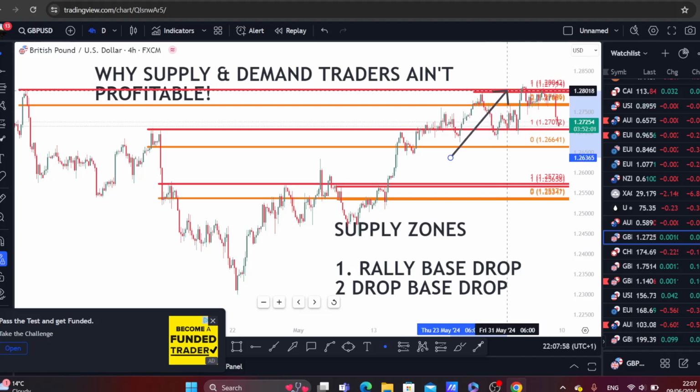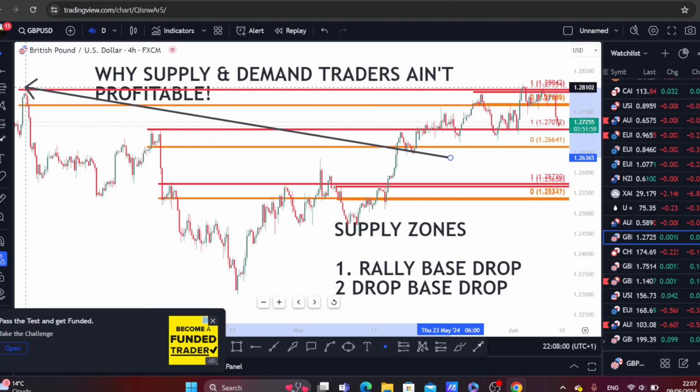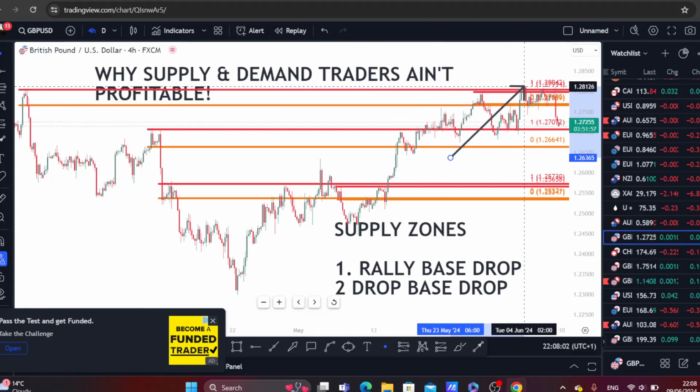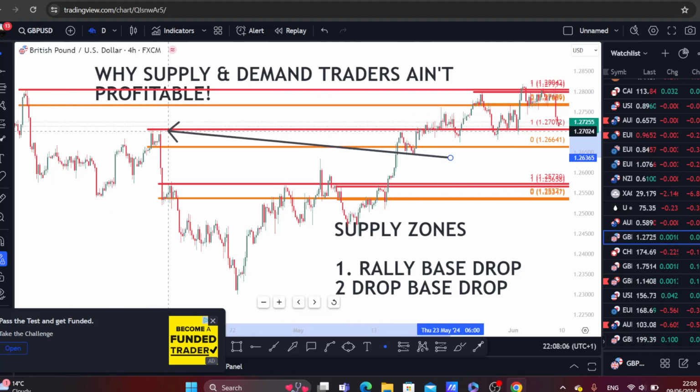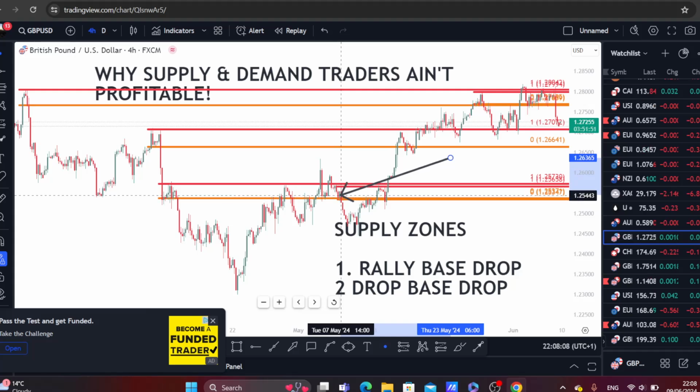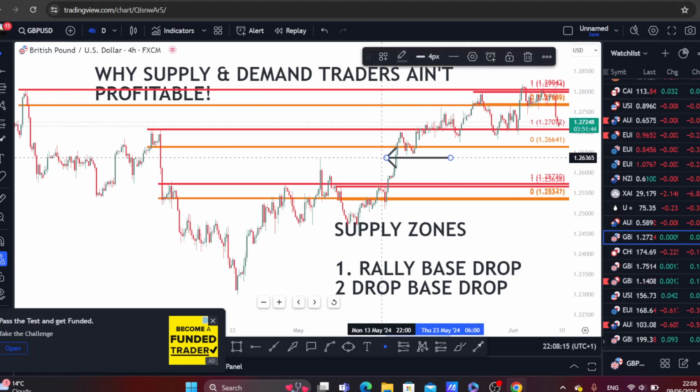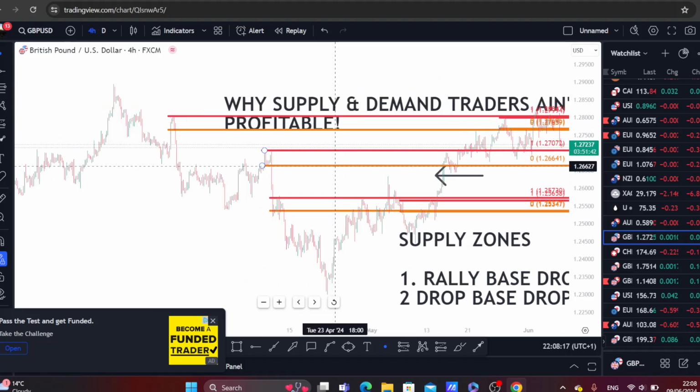Your stop loss will be just above that high there, you were taken out. So you've taken 5 supply zones, and you were not profitable on any of them.